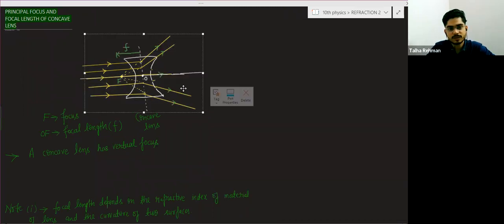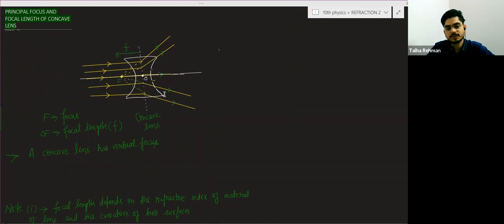You can see here. And are the rays diverging here or converging? Concave lens is a diverging lens, not the converging lens. Converging lens is the convex lens. But this is not converging, this is diverging. Rays, you can see the actual path of the rays.